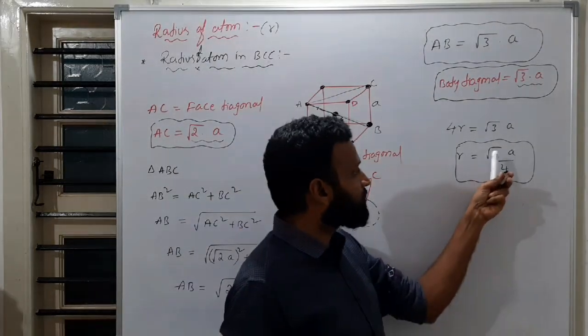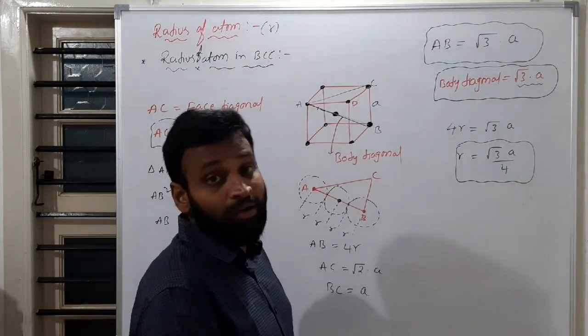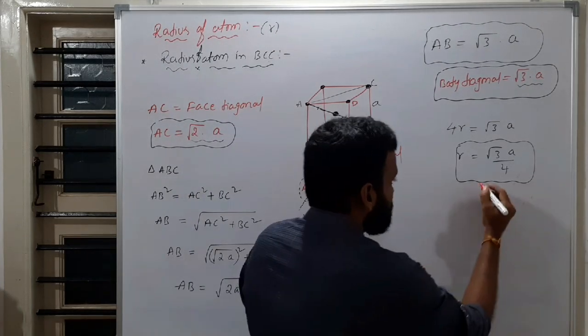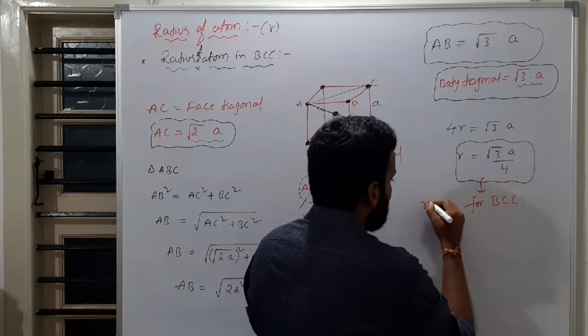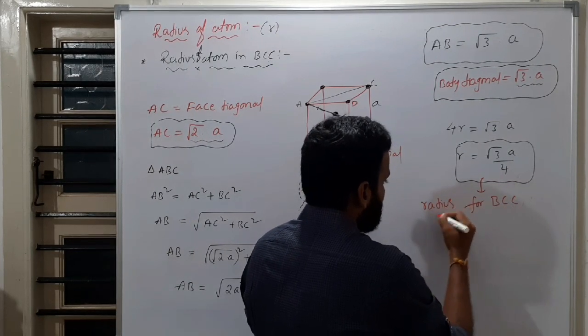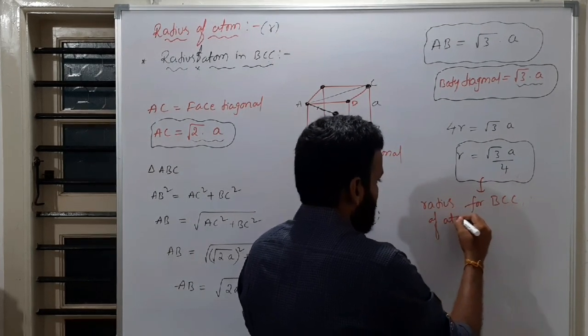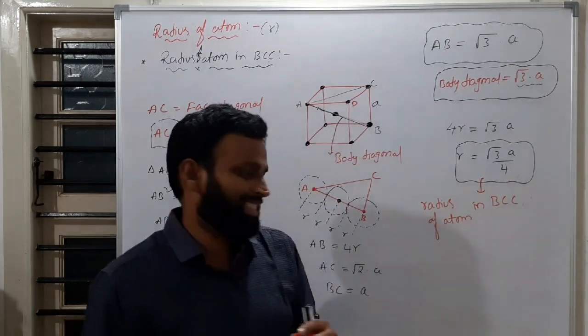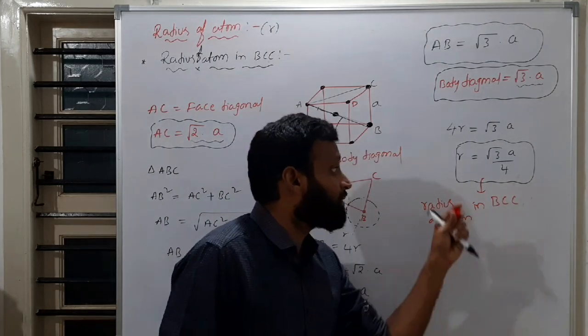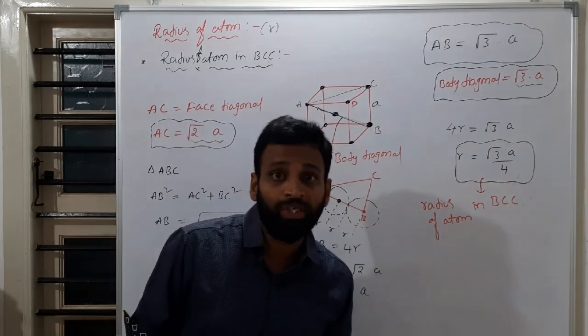Now for BCC r is equal to root 3a by 4. This is the radius of an atom in BCC: r is equal to root 3a by 4.